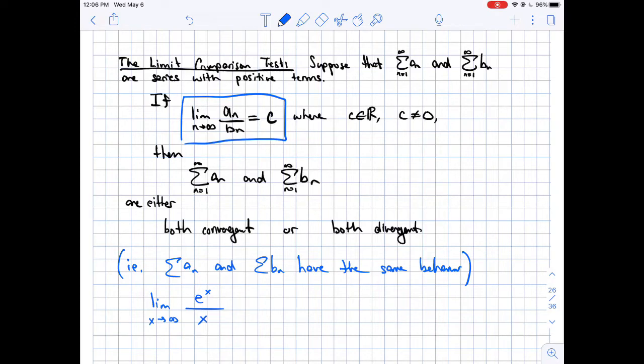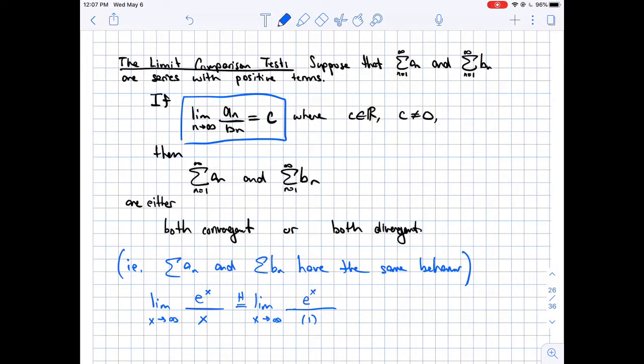What I am interested in is what happens when I take the derivative of the numerator and the derivative of the denominator and compare them directly.